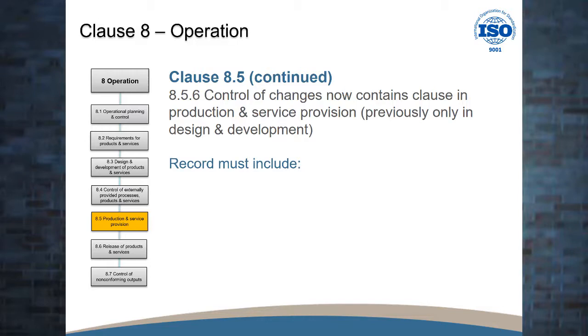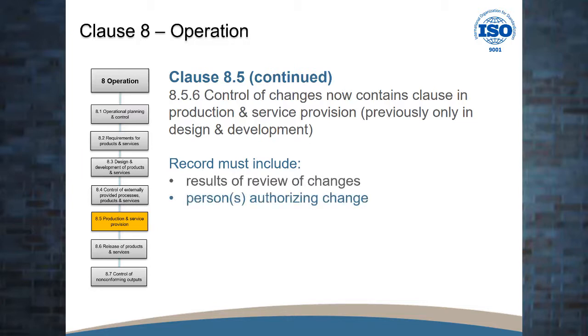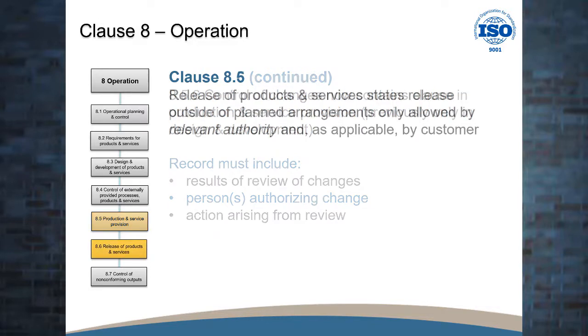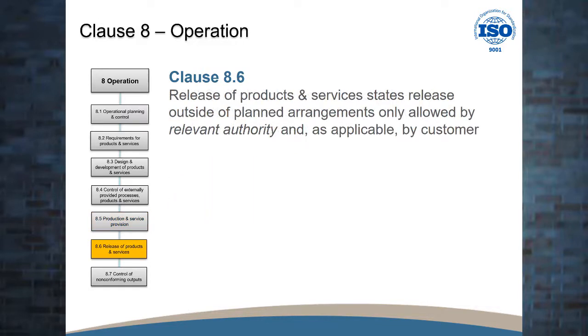So for those changes that are happening inside operations, maybe changes on the fly, there need to be records that must include results of the review of changes, person or persons authorizing the change. So again, we see that use of that term authorizing, and action arising from review. So once a change review has been done, what actions take place, and that needs to be on the record.